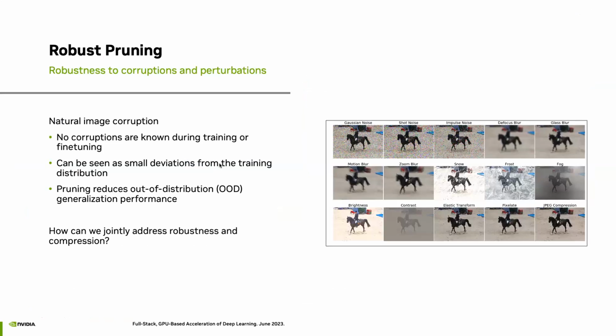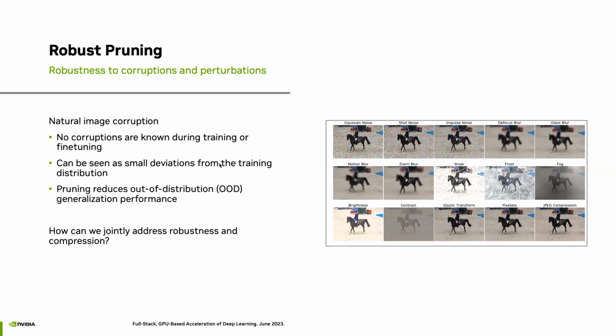Okay, so one last topic about the pruning I want to discuss is robustness. Think about that you now have a camera installed in a real system, for example, on an autonomous vehicle. It is highly possible that the image captured by the camera would be corrupted by natural noises.